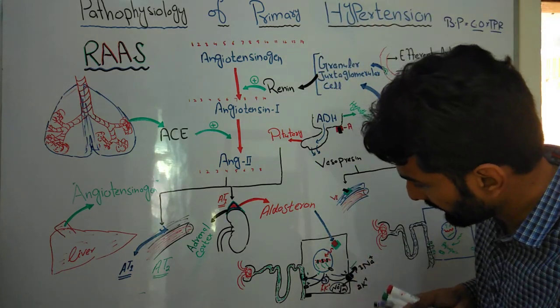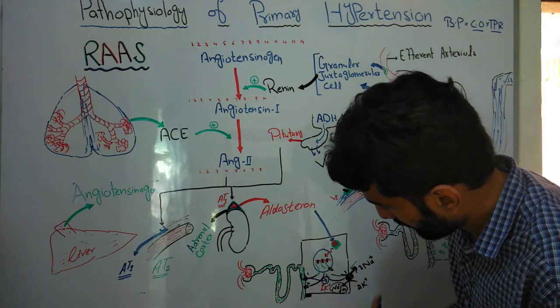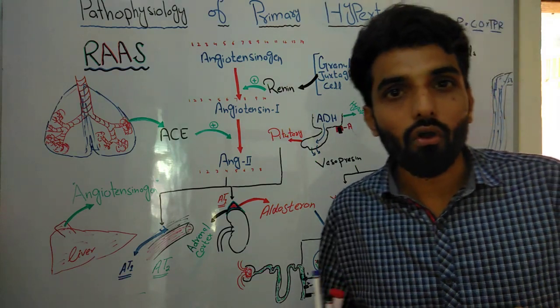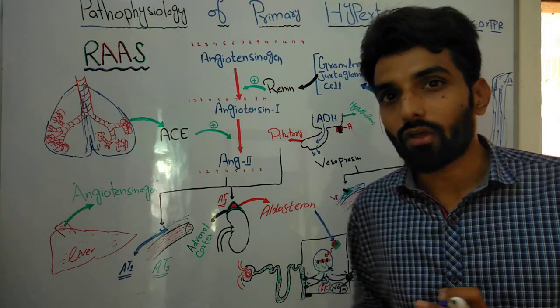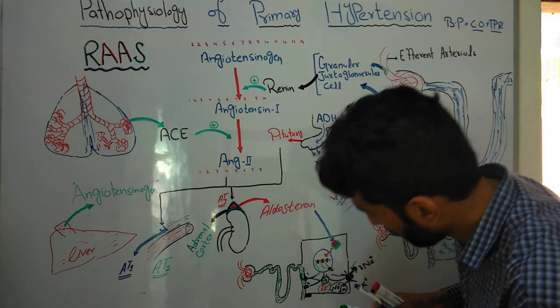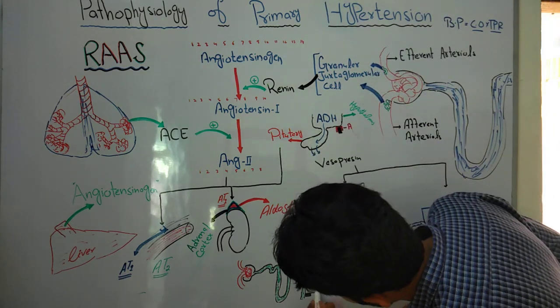While here you can see potassium level is high inside the cell. So according to the simple diffusion rule, potassium should move from higher concentration to low concentration. So potassium will move out of the cell.